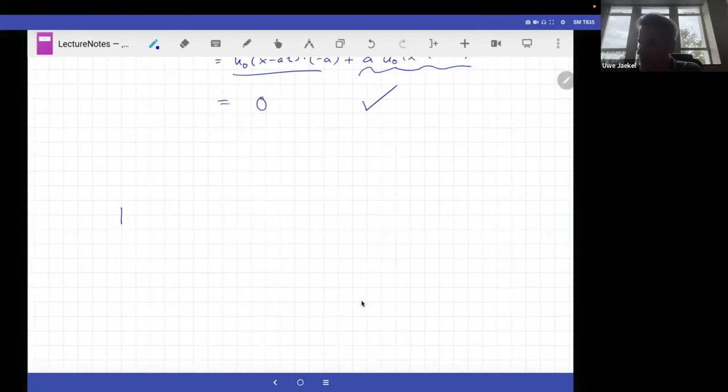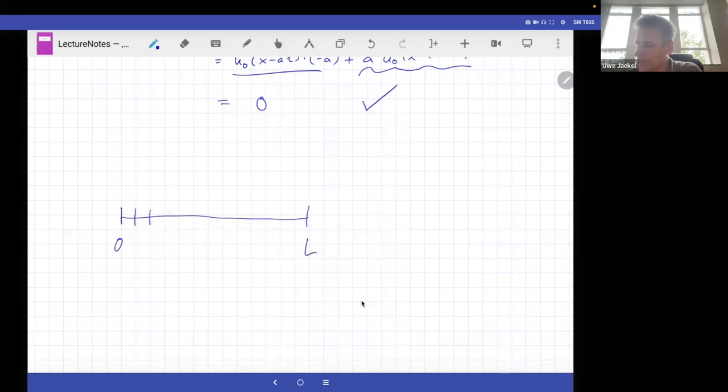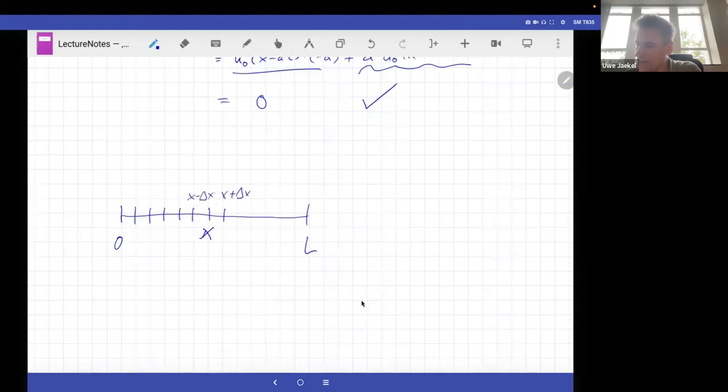Okay, so here we have our interval from 0 to L, and now we do finite steps. So here we have a point x, here we have x plus delta x, and here we have x minus delta x. So we have the same distance, and that's what we call a regular grid.